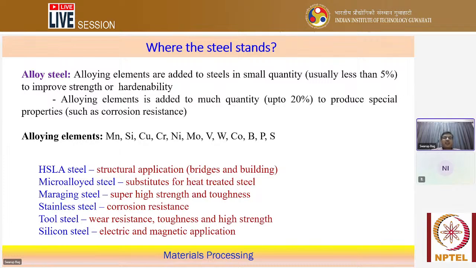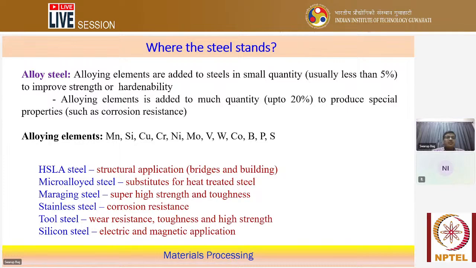But when alloying elements are added in a much larger quantity, say up to 20%, to produce a special property such as corrosion resistance, for example, we call this type of material alloy steel. So here we cannot distinguish based on carbon percentage. Rather, we distinguish by the highest amount of other alloying elements present in the steel.